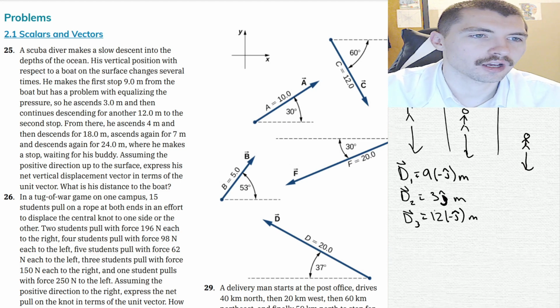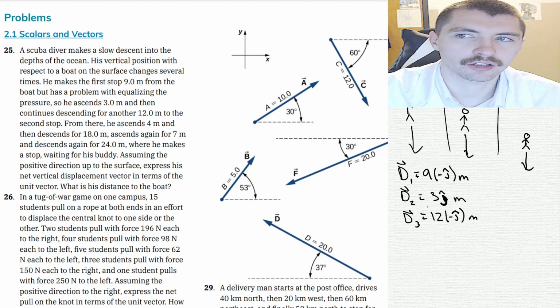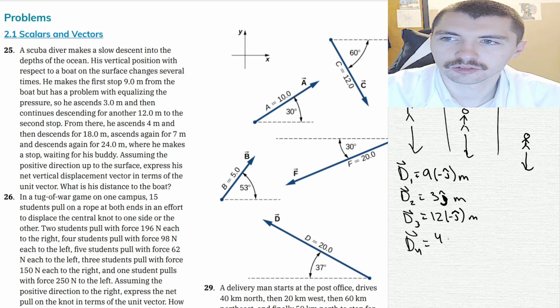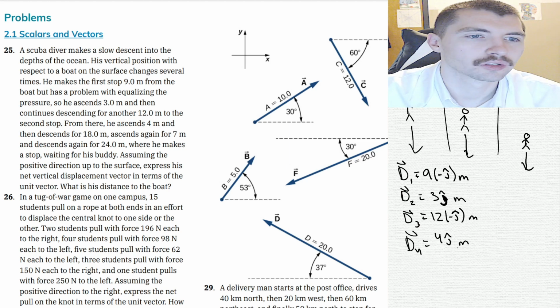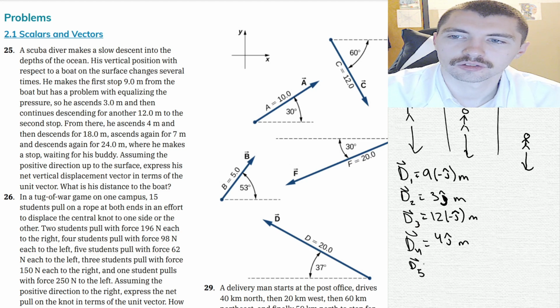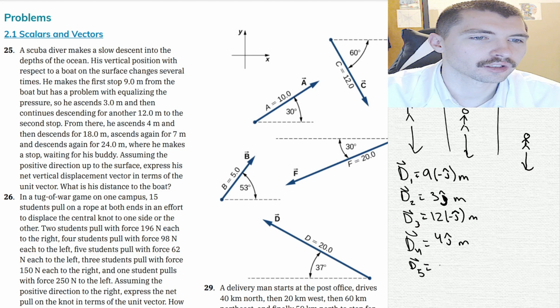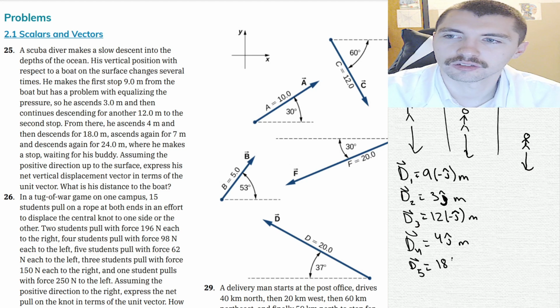Okay. 9 down, 3 up, 12 down. From there he ascends 4, and then ascends, and then descends 18.